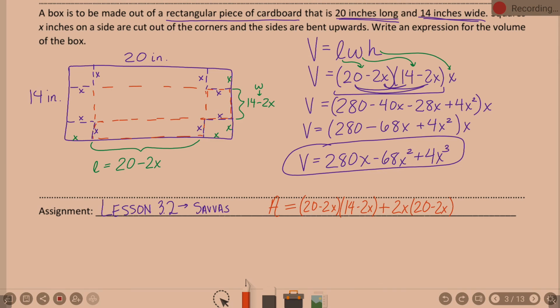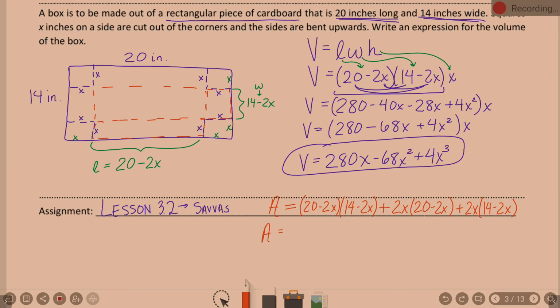So that's going to be plus 2 times x times 14 minus 2x. You could leave it like this, then Savas is going to say, well, this is equivalent to the correct answer. It is not your final answer. Multiply all the pieces, then combine like terms. So, okay, let's get this done.